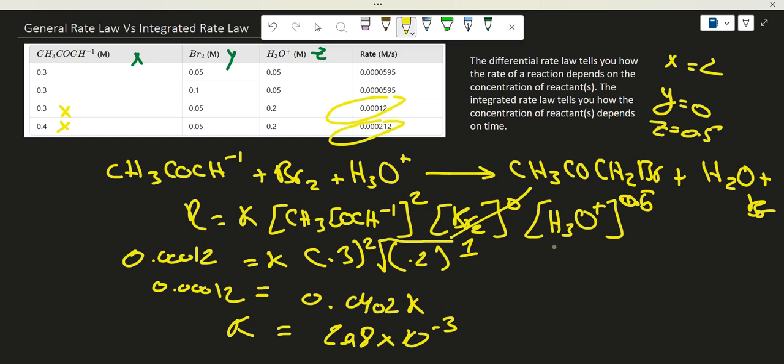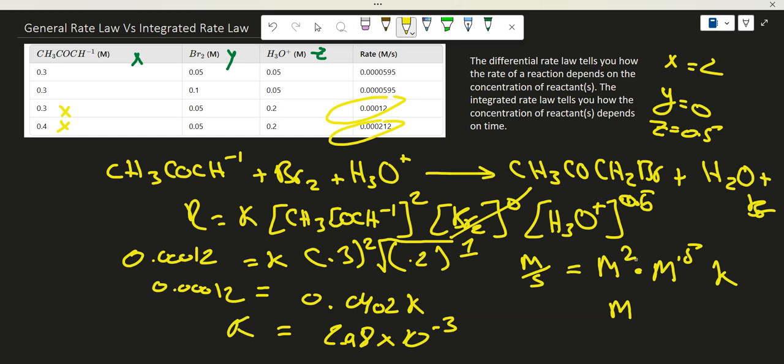So what's the unit of K? The unit of K in this case will be interesting, because we know that the rate is molarity per second, equals K times the [CH3COCH2^-] squared, which is molarity squared, times molarity to the power of 0.5. So you have K here, and you end up dividing.